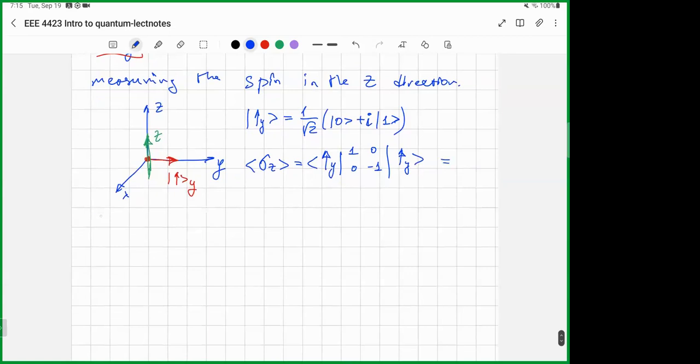So let me continue here. For the up state, I need to take the Hermitian conjugation of the ket to write the bra. It's going to give me 1 over square root of 2, next the 0 state, minus i times the 1 state.